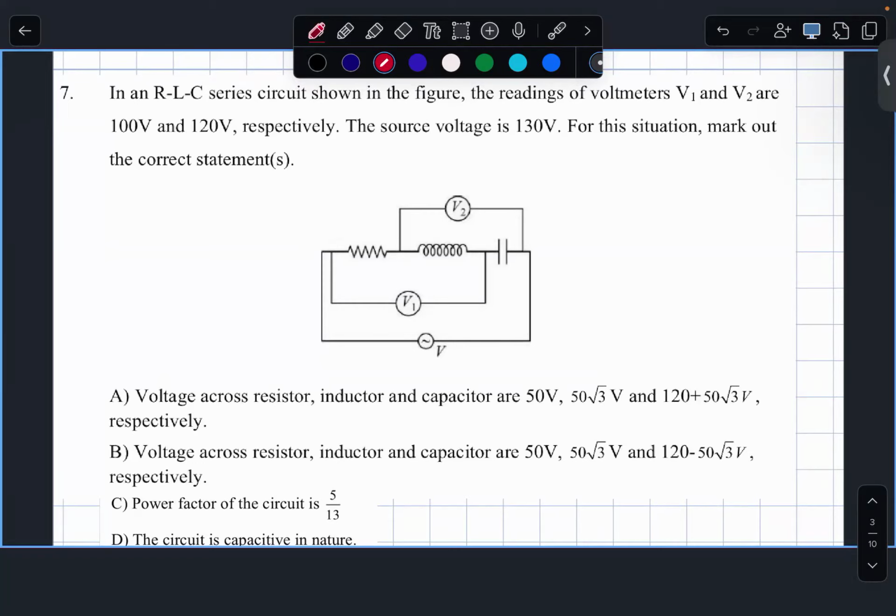In all, current is the same. IRMS times root of R square plus omega L square is equal to V1. V1 is 100 volt.